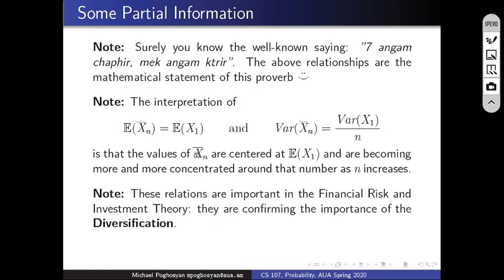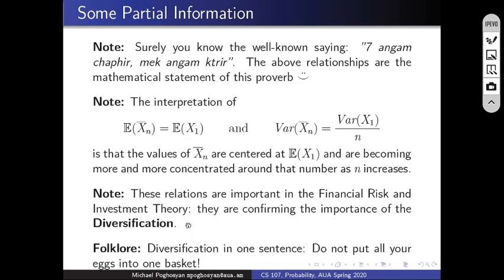This relation is important in financial risk and investment theory. It confirms the importance of diversification. We have talked about this. If we are talking about expected return, then the variance means the risk. If the variance is small, then the risk is small.